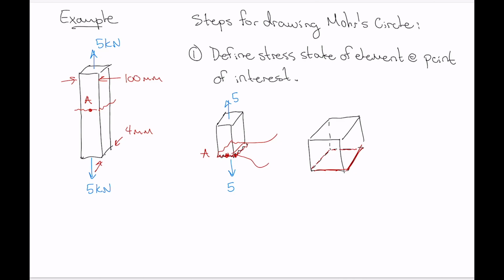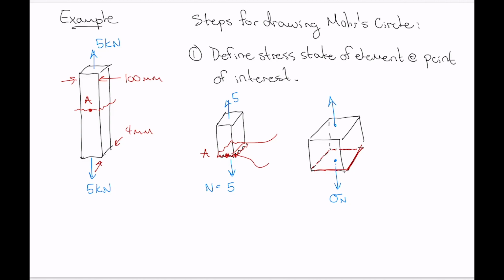Now, we've only got an internal normal force here. That's 5 kilonewtons. So we're going to just have a tensile normal stress resulting from that tensile normal force. So that tensile normal stress gets placed right here. And this is sigma due to our normal force N. And there's its equal and opposite pair.